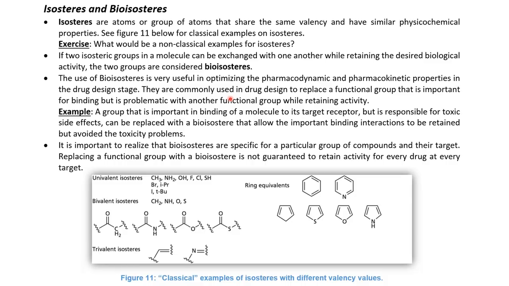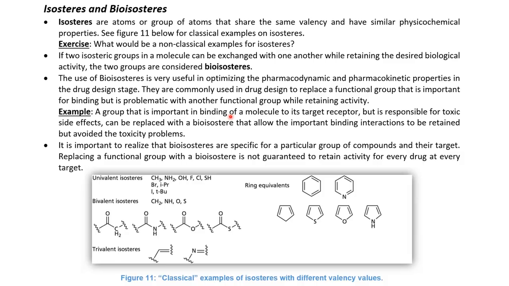Because if we have a drug that, for example, has a functional group that is important in binding to its target receptor, but this functional group is also problematic, it's responsible for some toxicity, then we could look for the isosteres of that group and try to substitute it, and then hopefully find another group that would still retain the ability to bind to the target receptor, but would not have the toxic effect.